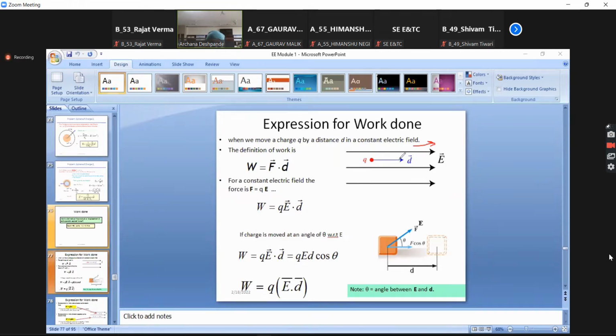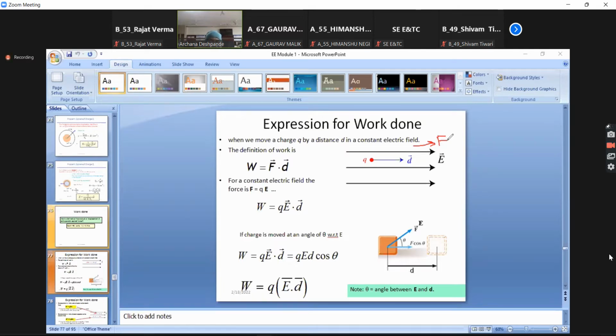So when I say there is an electric field, that means there is a force which is existing. Okay, so in this existing force, if you are moving a charge from, say, A to B, with a distance of d, then that existing force will spend the energy to move this charge.